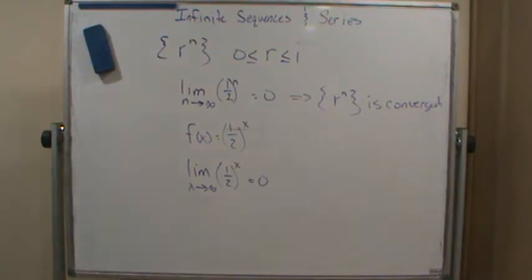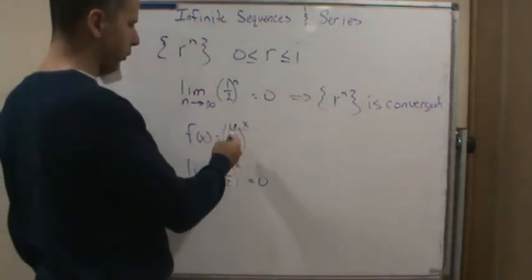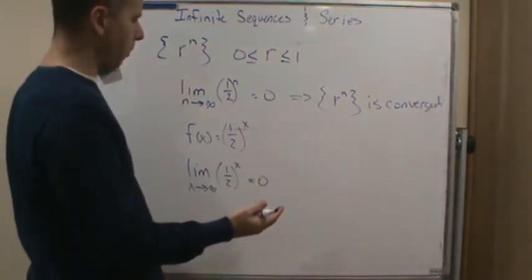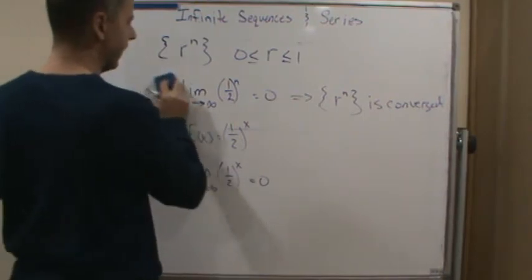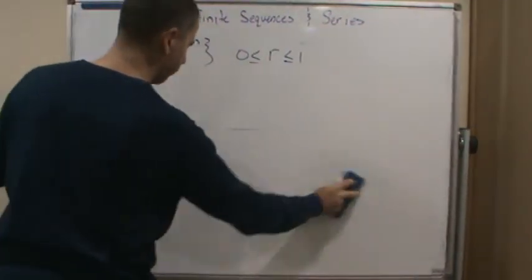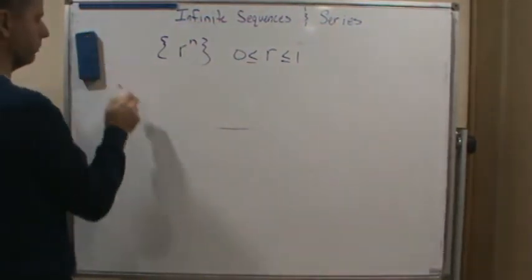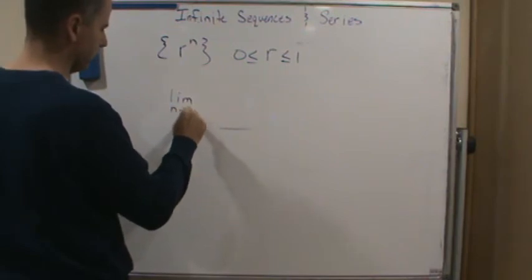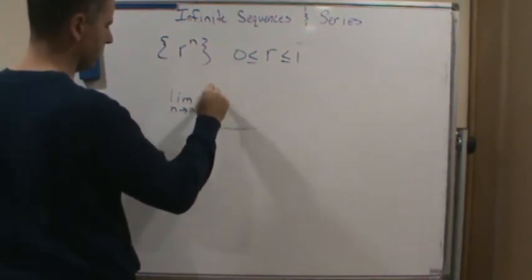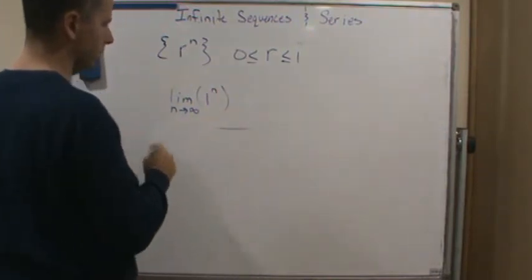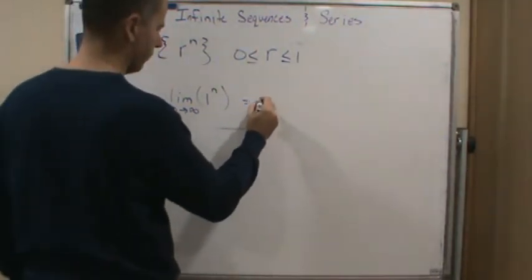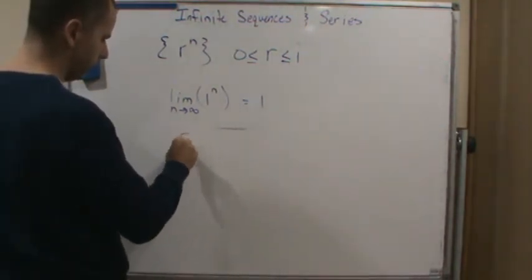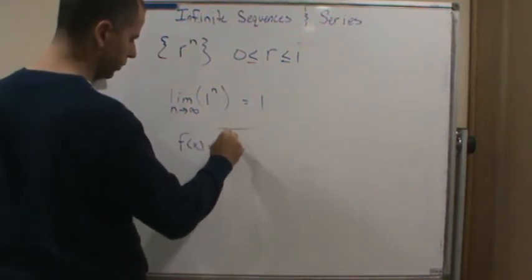This is true for any value that's less than 1 and greater than 0. But what about 1? In the case that r equals 1, you just get 1 to the x power, f of x equals 1 to the x.